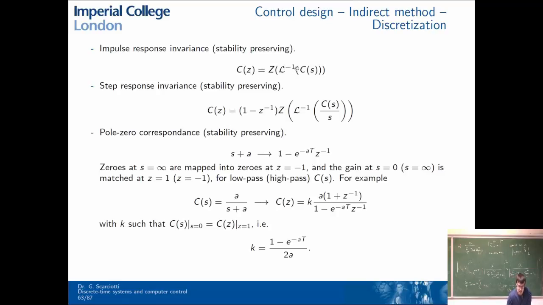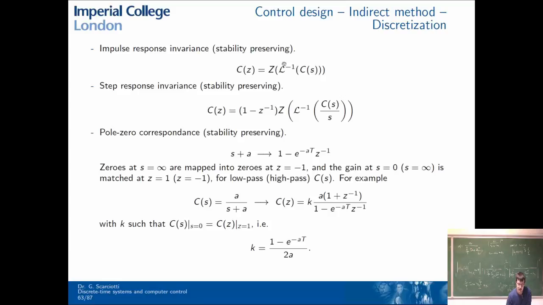So this is obviously a quite straightforward method. We just compute the inverse Laplace transform of a Laplace quantity, and then we compute the Z transform of a time domain quantity, and it's a possibility. This obviously preserves stability, and in addition preserves also the impulse response. The reason is that if we compute the inverse Laplace transform of C(s), we are computing the impulse response of C(s).